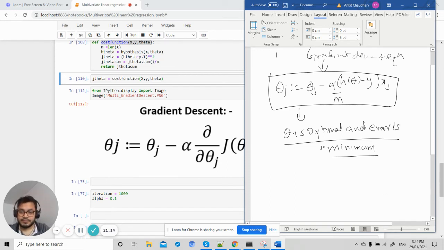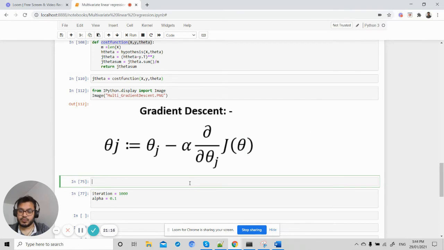Okay, the gradient descent. Okay, so I'll include my x, y, alpha, and number of iterations. The number of iterations is to check whether my error is decreasing or not.